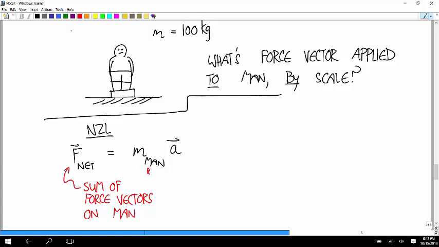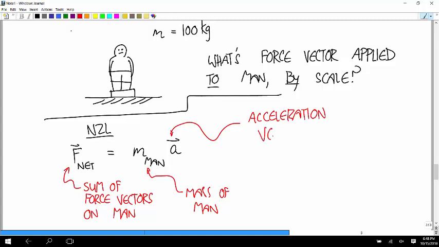The mass is the mass of the chosen object, and this acceleration vector is the acceleration vector of the man. And let's use a coordinate system like this.